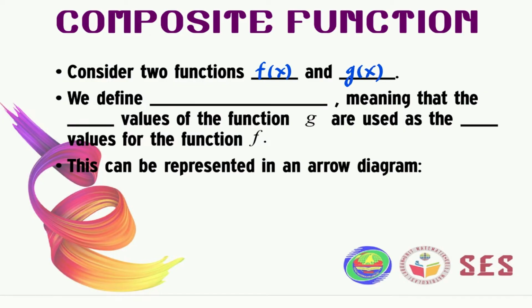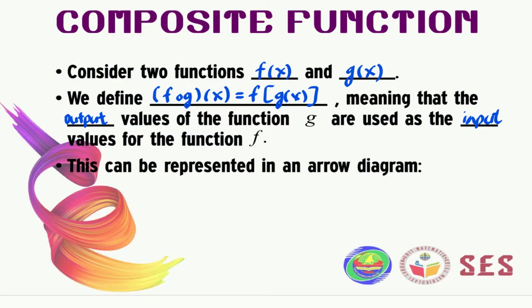So we define f of g(x) equals f composed with g(x), meaning that the output values of the function g are used as the input values for the function f.